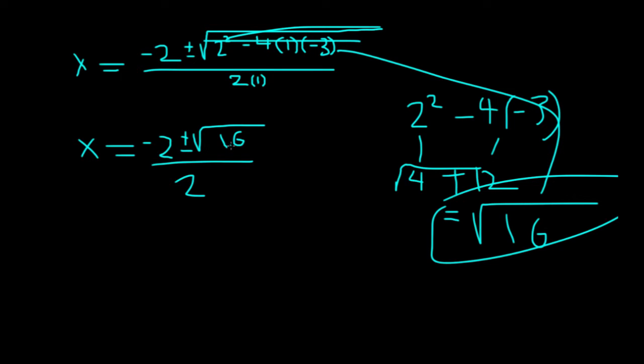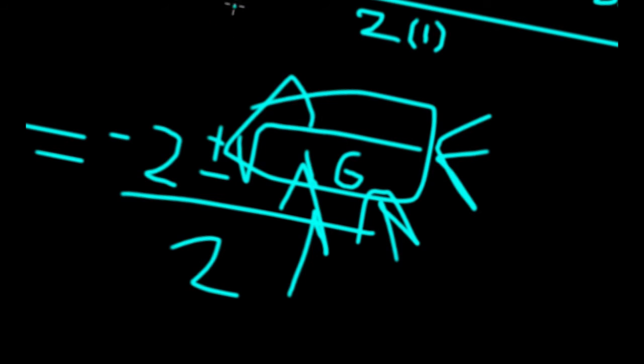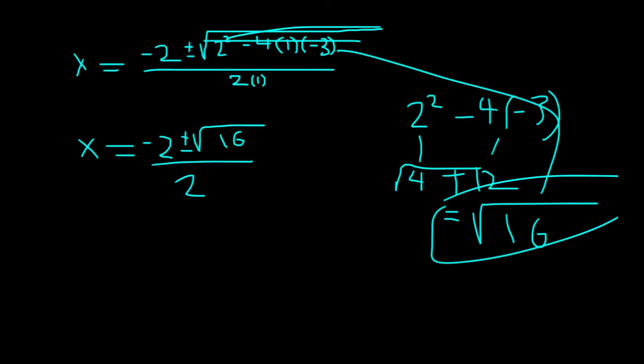But whoa, guess what, guys? We know this one, this square root right here. I think we learned this a little bit ago. It's pretty crazy that we have learned this already. The square root of 16 is 4, so x equals negative 2 plus or minus 4 over 2.